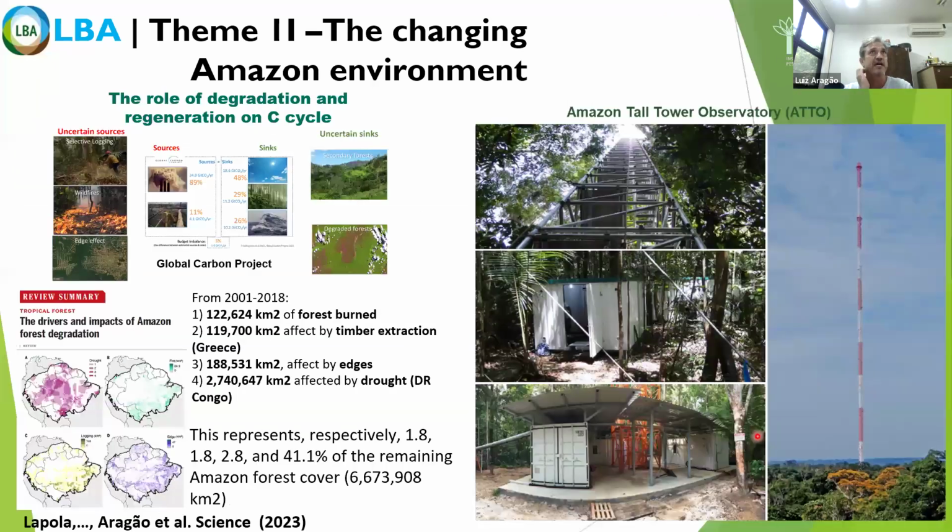So for these, of course, we are looking at the role of degradation in the global carbon cycle. We need to include processes like selective logging, wildfires, edge effects on the quantification of source of carbon to the atmosphere, and also secondary forest growth and degraded forest as part of the sinks of carbon in this global counting of carbon in the Earth system.